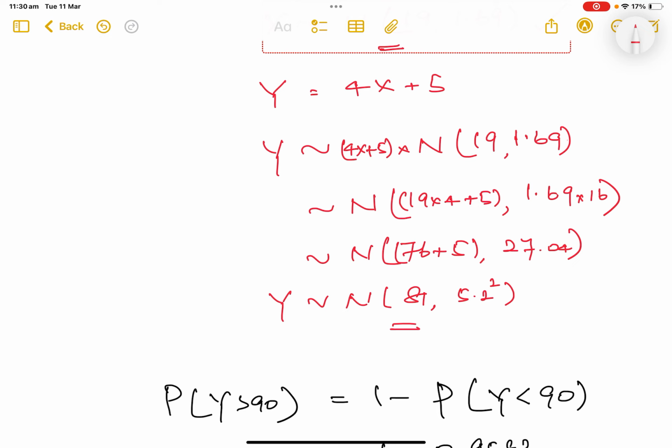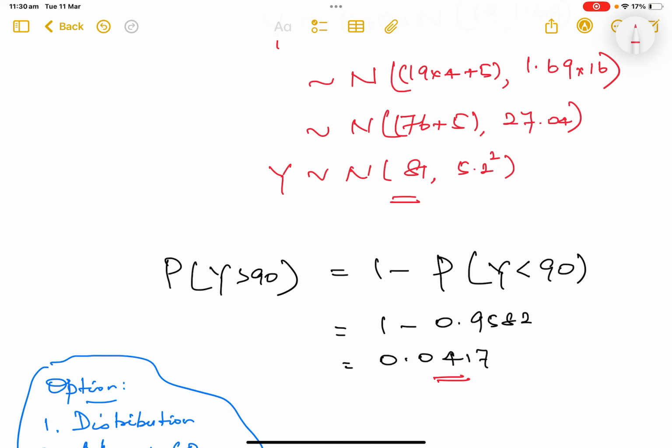So the distribution of Y is normal with mean 81 and standard deviation 5.2, that is N(81, 5.2 squared).